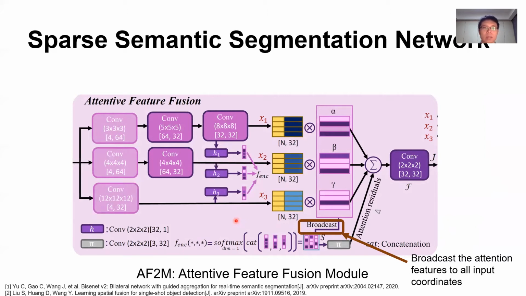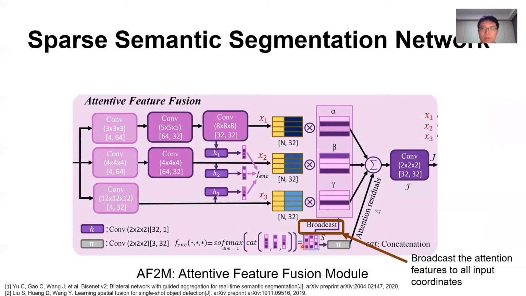In AF2M, we use a broadcast operation to match the attention of feature vectors with the original sparse tensor outputs, x1, x2, and x3 namely. Please note that H is the attention layer which compresses 32 columns of feature vectors into a single column feature vector, which is equivalent to the single-channel attention map in the image domain.